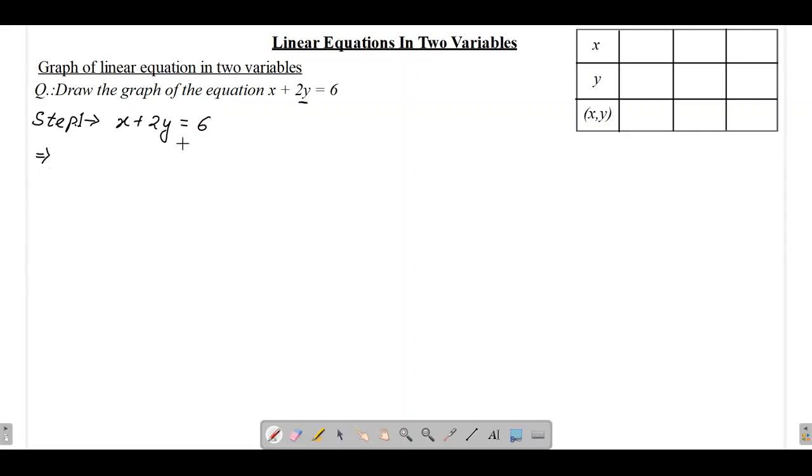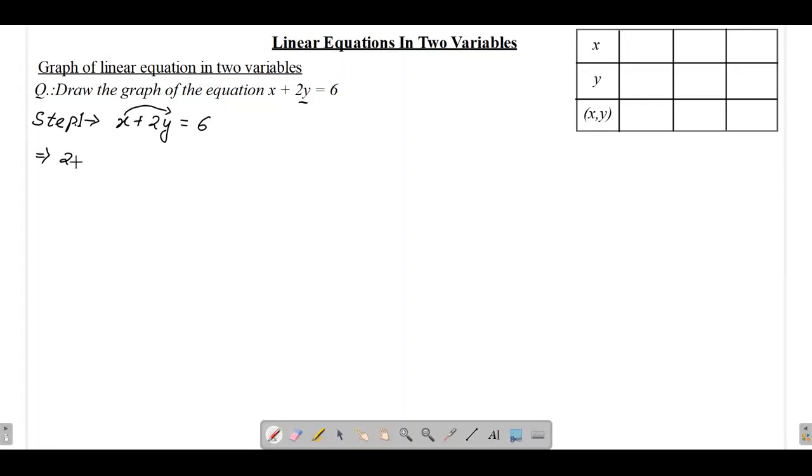Why? Because y is known as the dependent variable and x is known as the independent variable. That means x can accommodate any of the values, whereas the values of y will always depend upon x. Why so? This you will study in your higher classes. So what we will do, we'll shift this x to the right hand side first.